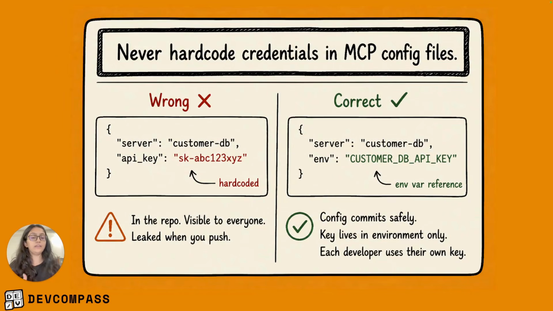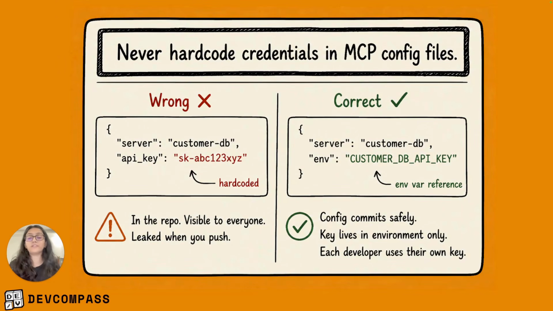The config file commits safely. There's nothing sensitive in it. Each developer sets their own environment variable with their own key. When someone leaves, you revoke their key. The config file doesn't change at all. The annotation: config commits safely, key lives in environment only, so each developer uses their own key.